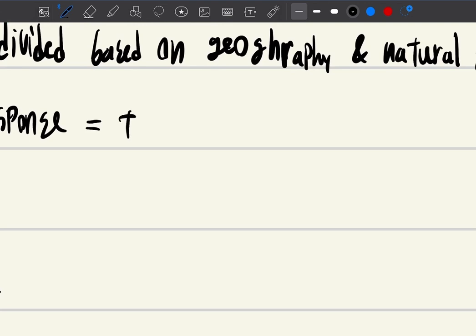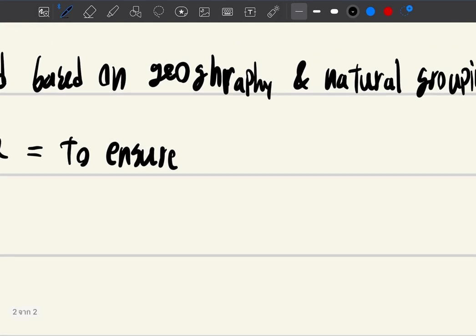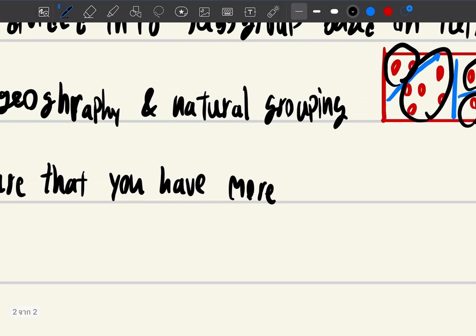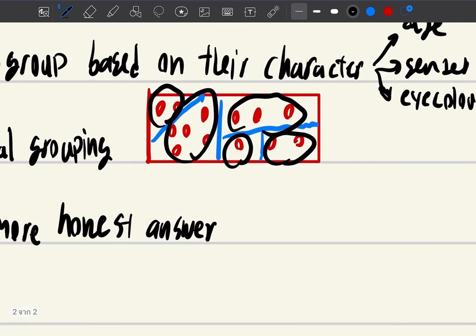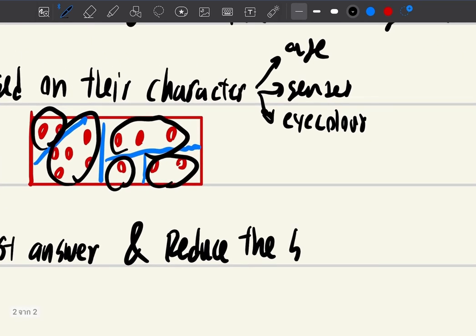This is to ensure that you have more probability of getting honest answers, and also to reduce the bias of the answers.